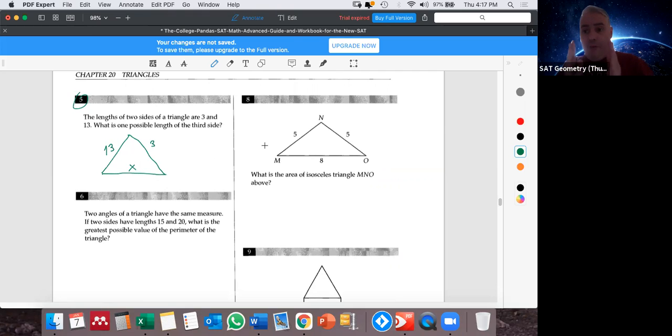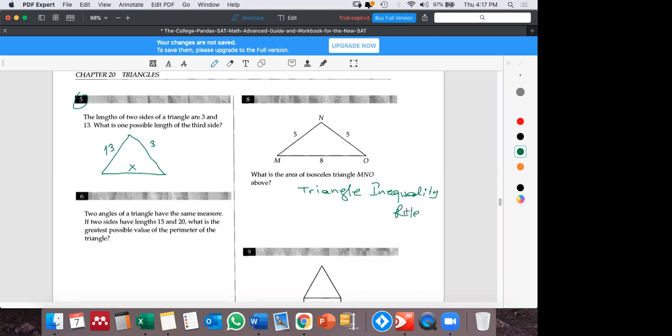Whenever you see sides of a triangle, and the question is what could the side length be, directly remember the rule, the triangle inequality rule.